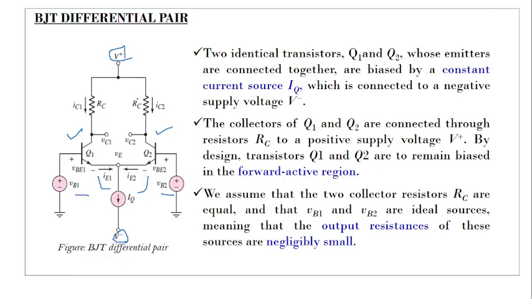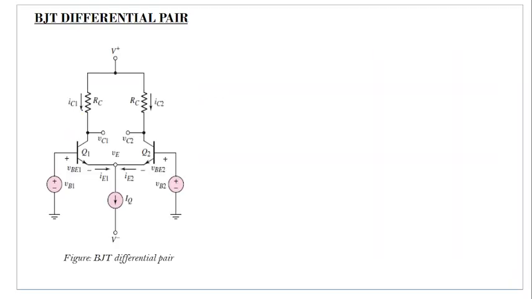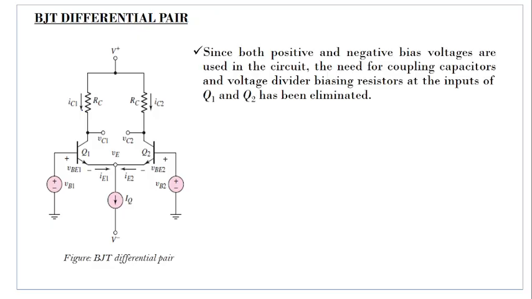What happens here is that we are always assuming Q1 and Q2 are driven in the forward active region. As a result, the output resistances are almost negligible. Here we are using both the positive as well as the negative supplies. At the collector we are giving V positive, whereas at the emitter we are giving V negative.